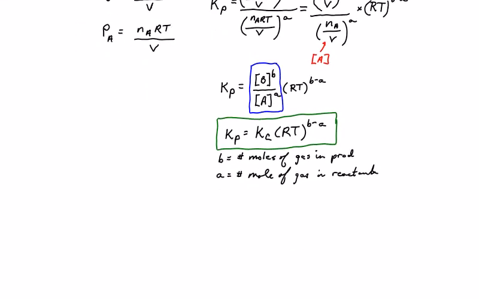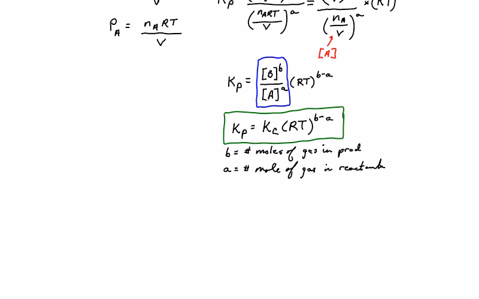Also, it gives us another interesting insight here. If the number of moles of gas in the products is equal to the number of moles of gas in the reactants, so if a equals b, that means that Kp equals Kc times RT raised to the power of 0, which is going to be 1, so Kp equals Kc when we don't have an increase or decrease in the number of moles of gas.